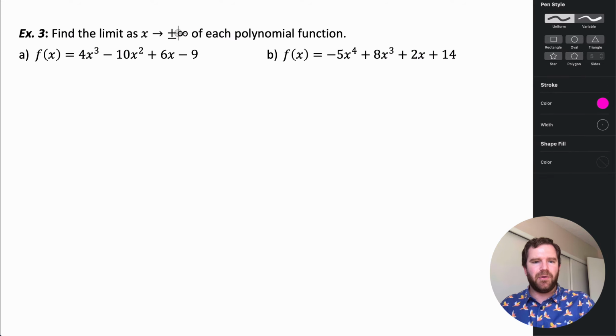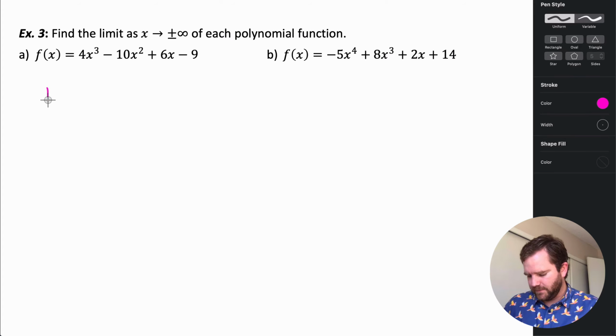If I'm plugging in positive infinity here, these values have very little impact compared to this. And so my whole function is going to behave based entirely on this leading term. You've probably seen that idea of end behavior in pre-calculus where you only had to look at the leading term, and that's why this happens.